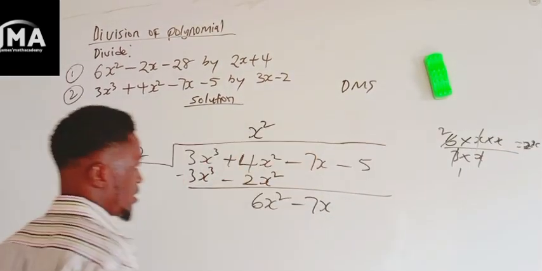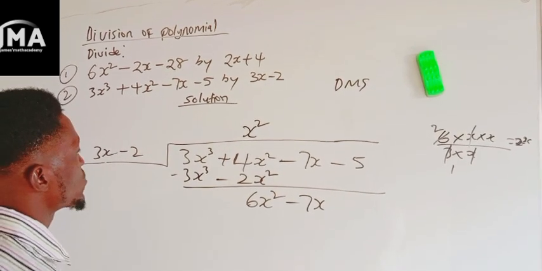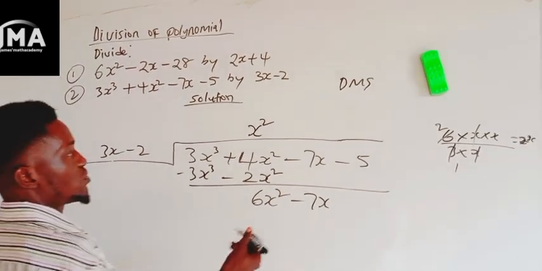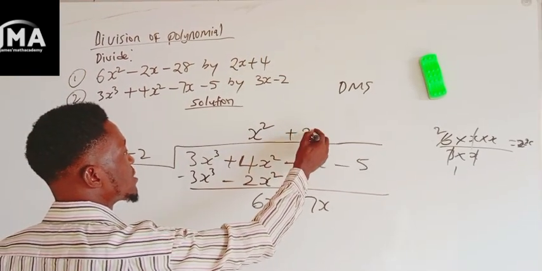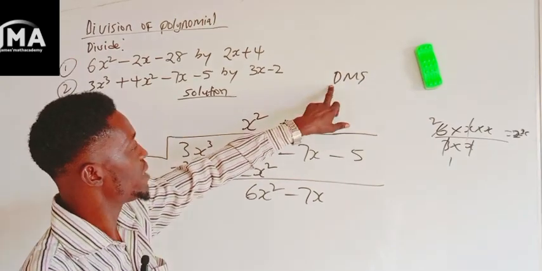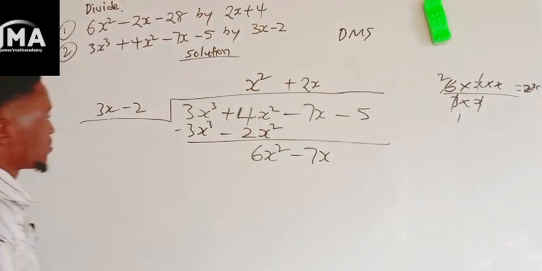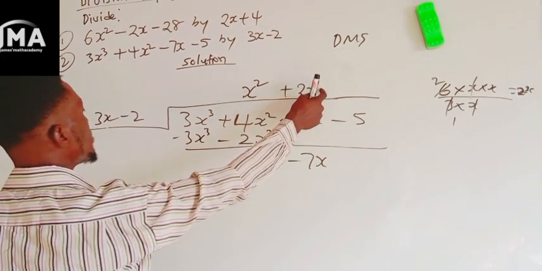So we have 2s here, isn't it? So we have 2s, which is going to say plus 2x, right? I'm done with my D. After D is my M, which is multiplication.